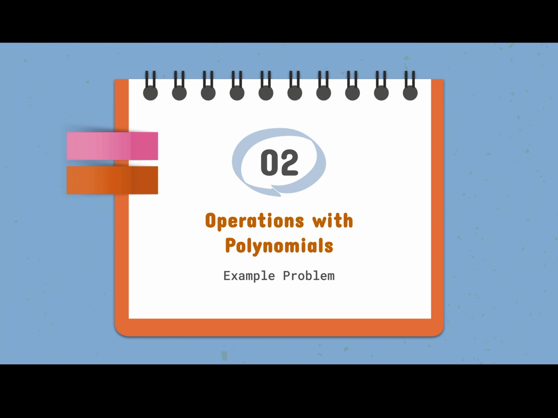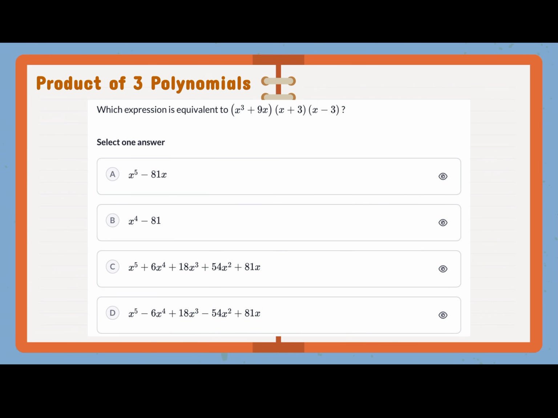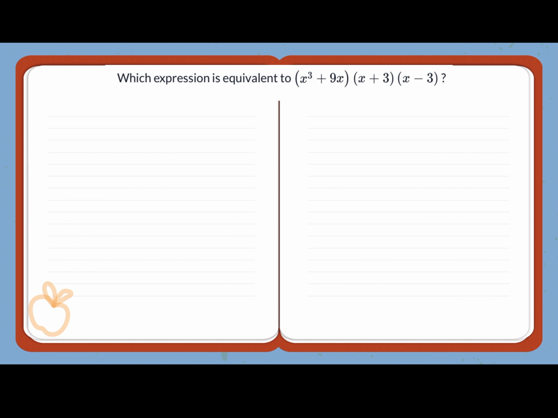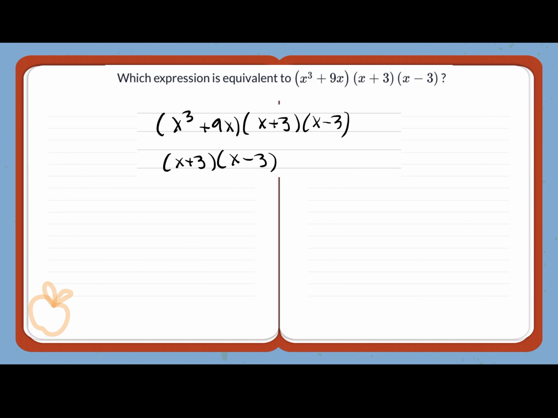Okay. For our second subunit, we have operations with polynomials. So this is just a longer FOIL, essentially, and you guys might get confused, which is why I decided to pick this problem. So when you start off here, I would pick the two that would make life the simplest.